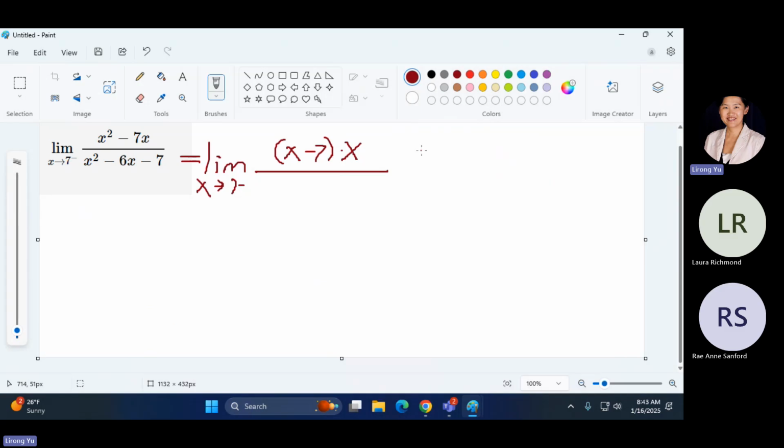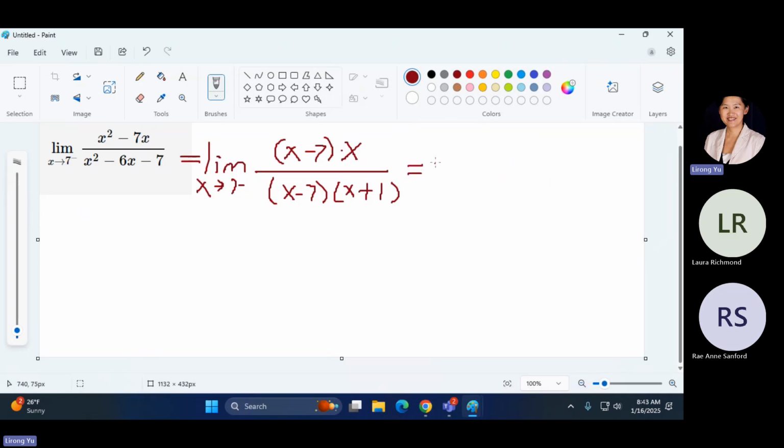Are you okay? All right, and the denominator. If you factor out x minus 7, what do we have? It's x plus 1. And then we're going to continue.